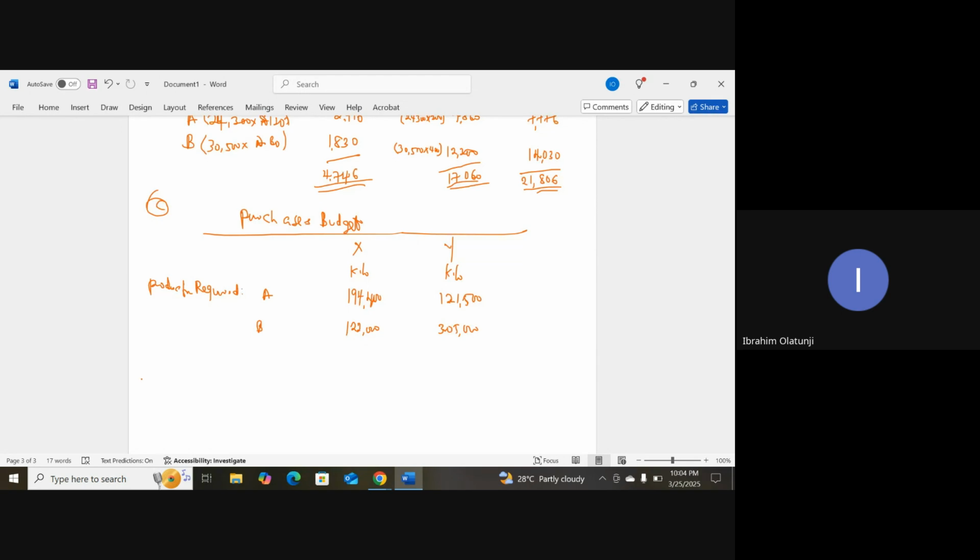So then we move to closing stock. It's just the same way as when you are doing your production.